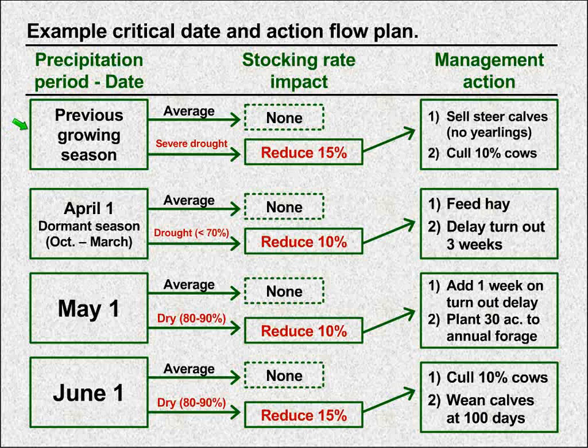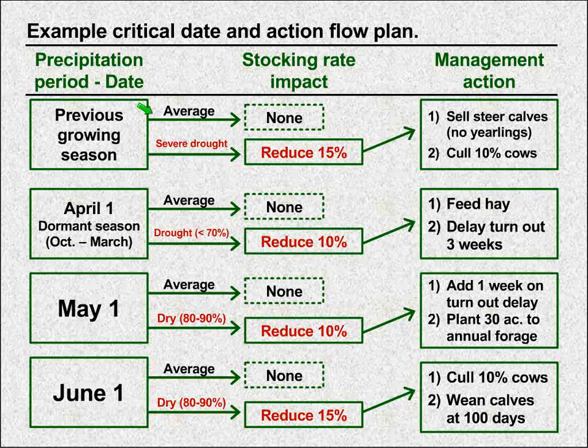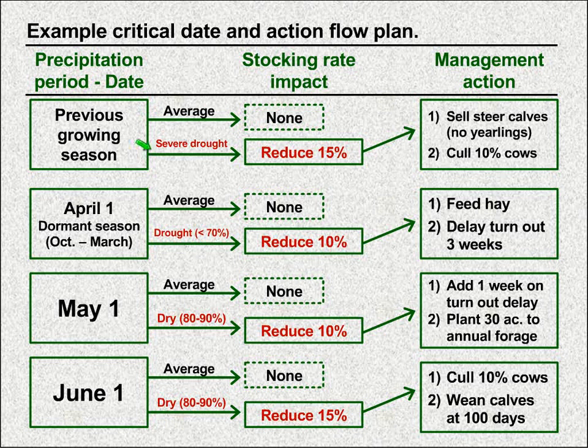And then I also like to include the previous growing season. For example, well, 2012, we know it was a severe drought. We moved to the right. If it were average, then the impact, of course, is going to be none. Severe drought, we would follow this chain in the link. I'm suggesting here, again, just hypothetical, maybe a reduction of 15% because of the drought that occurred in 2012.